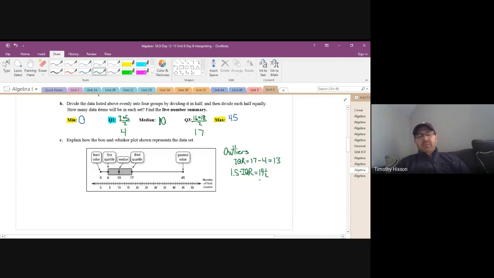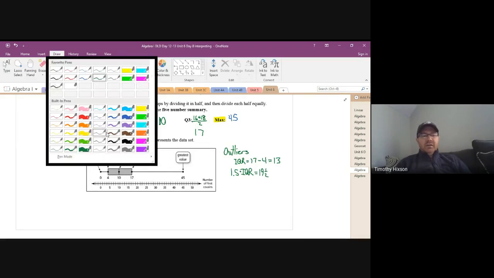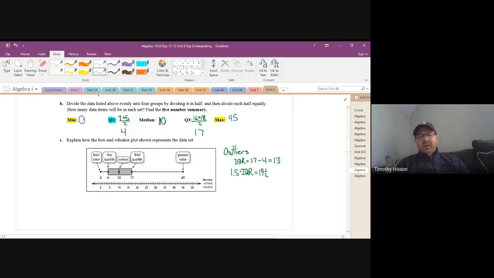So remember we talked about the fences, if you will, on our data. Those are how we can identify where our outliers might be. So on the left side, we do Q1 minus 19.5. Not equals, minus.